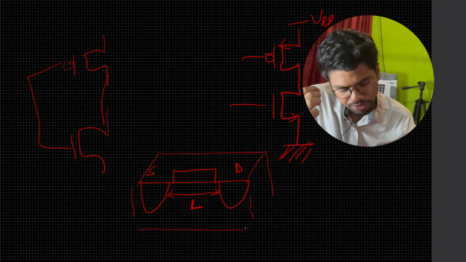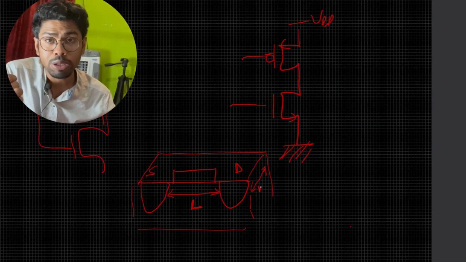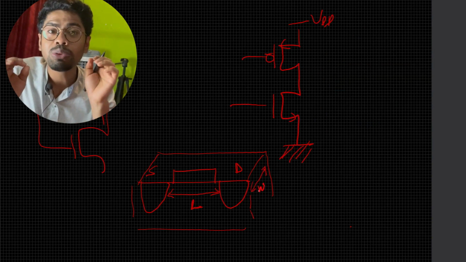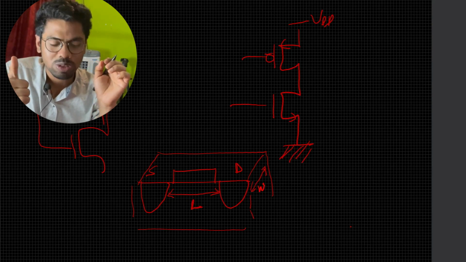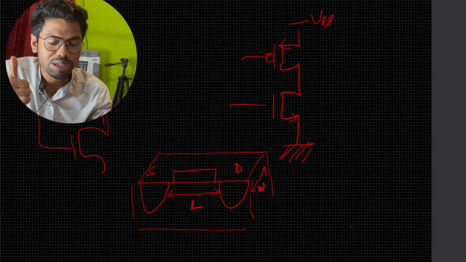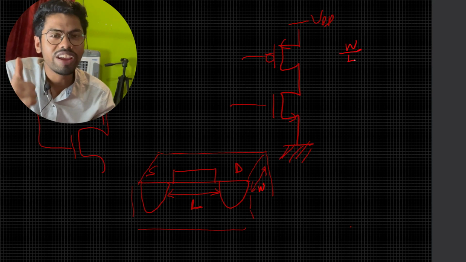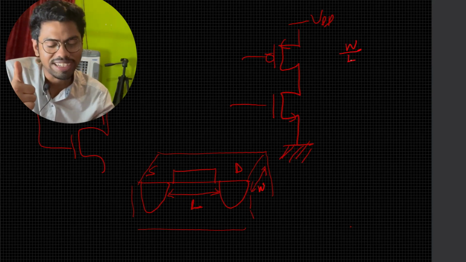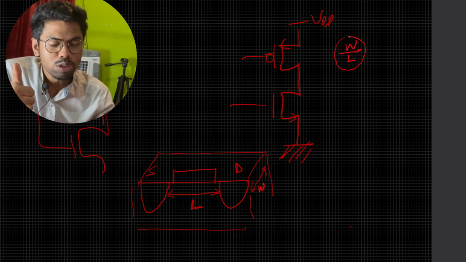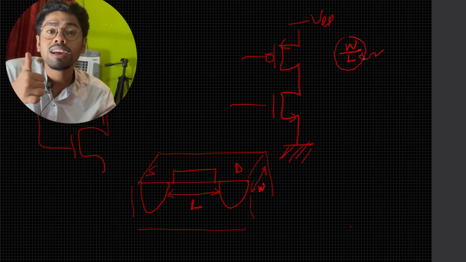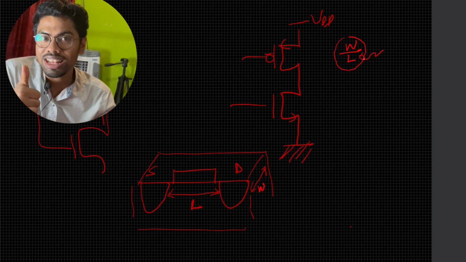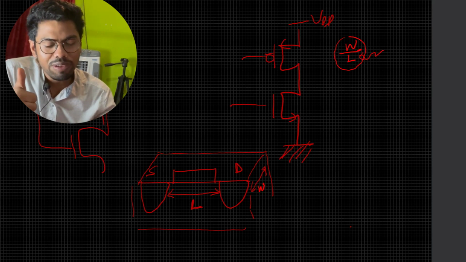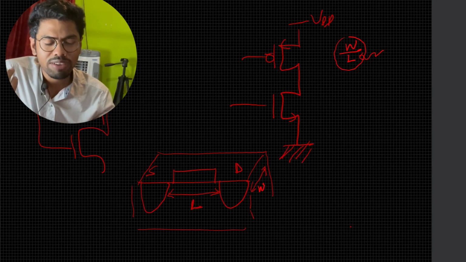If I take out this width, this will be called your W. If you know the current equation of your MOSFET, then you will probably know that W by L has a great effect on your currents. And designing any circuit most probably implies fixing your W by L. Now tell me, W by L is a ratio, so it won't have any unit.